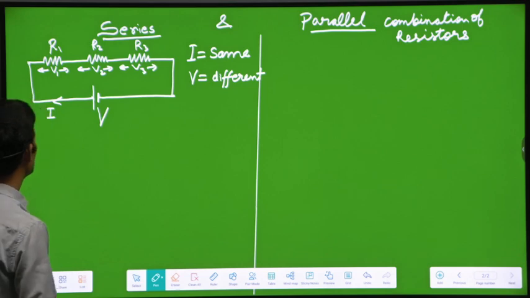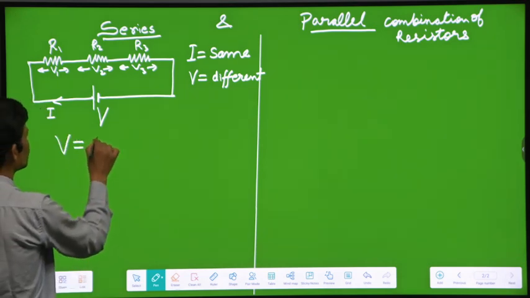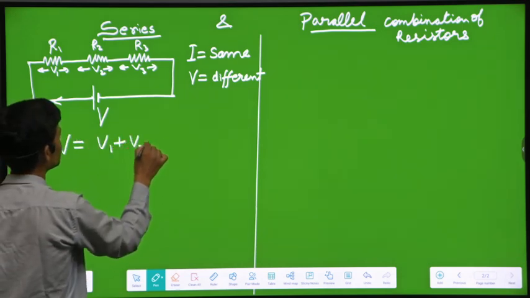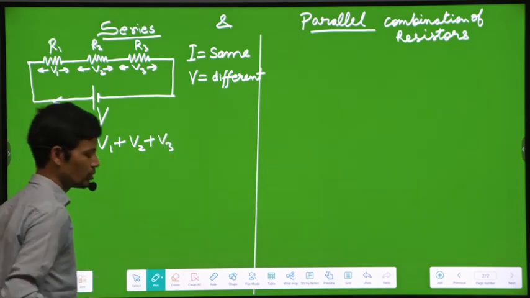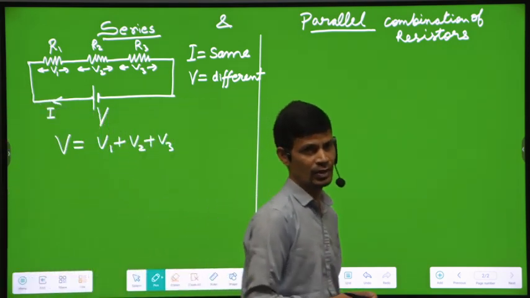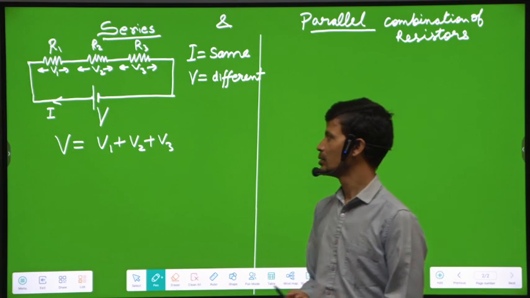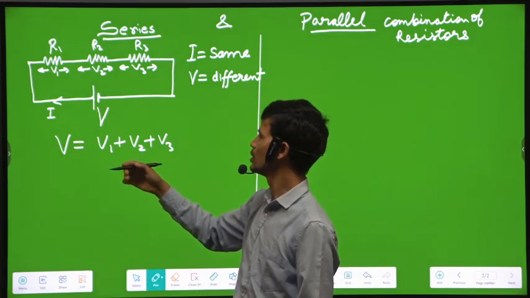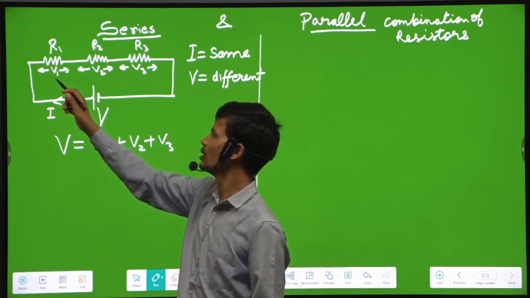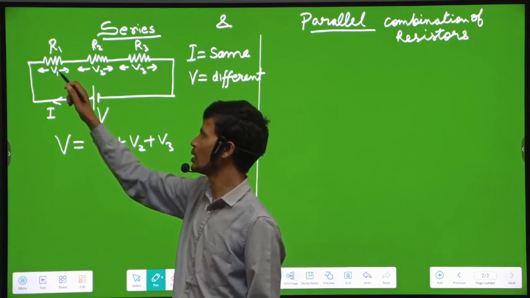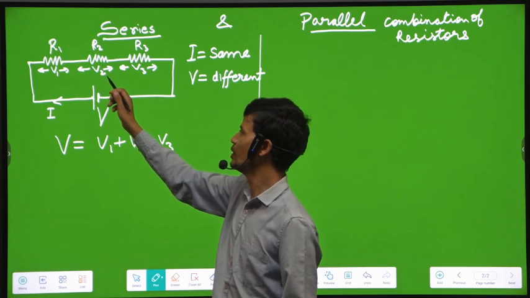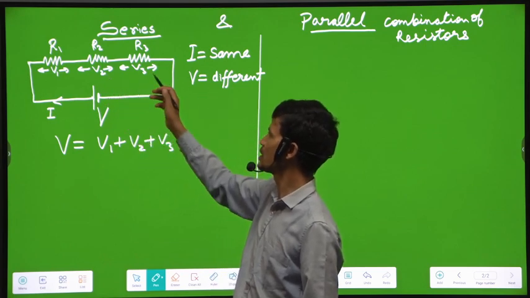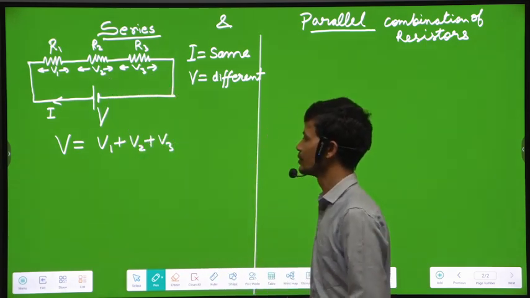Then one thing for sure is V is equal to V1 plus V2 plus V3 according to the law of energy conservation. V potential difference is supplied, so some of the potential will be dropped across this, some across this, and the rest across this.